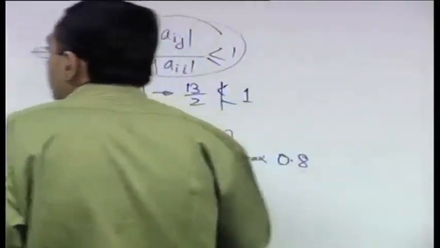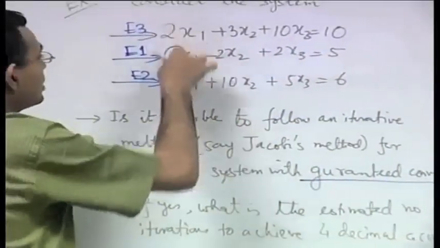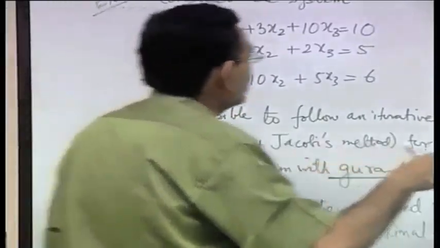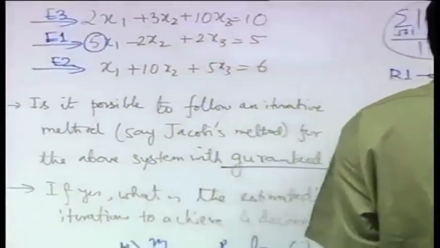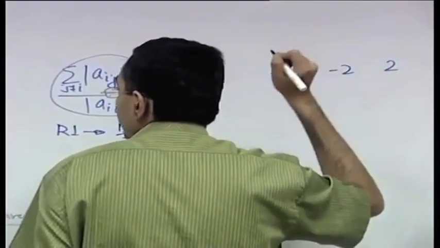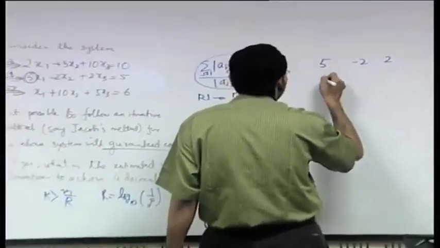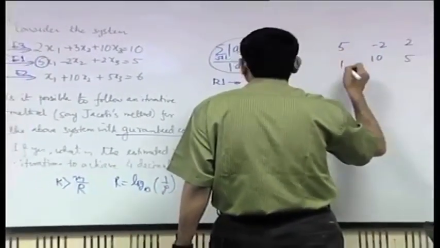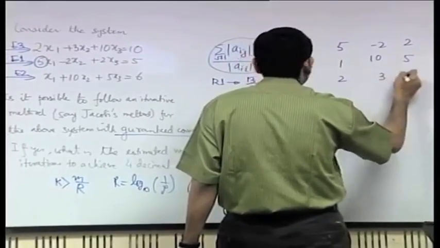So, for the first column, let us just try to organize the columns a bit. So, 5 minus 2 2, that is the first row, second row 1 10 5, third row 2 3 10.